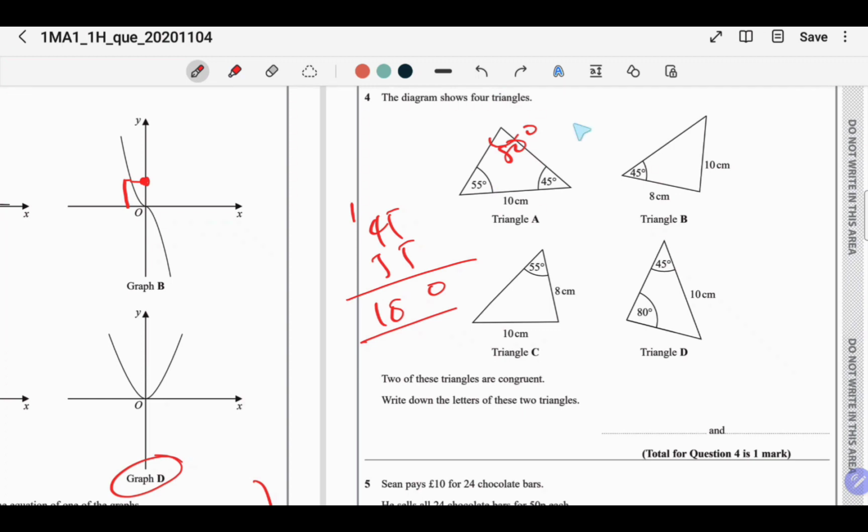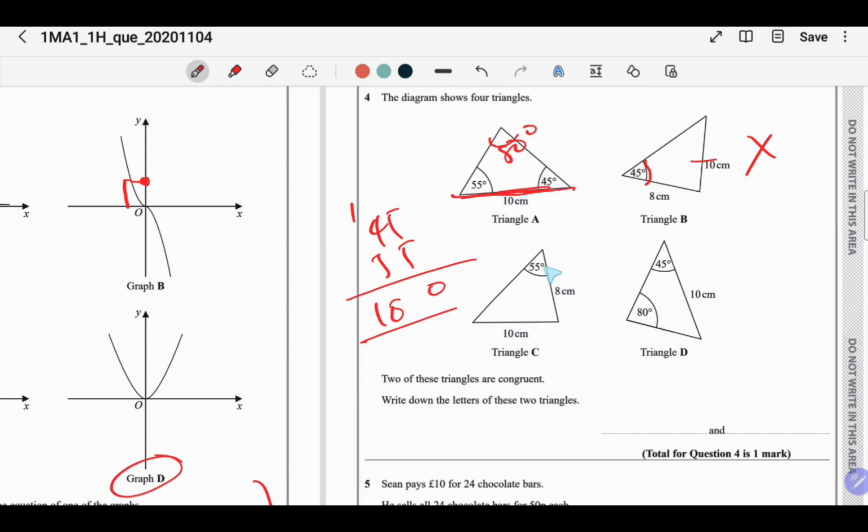All right, so let's check all the triangles that would have 55 and 45 adjacent to each other, and the 10, they're lying on top of the 10 centimeter line. So triangle B, well, it has 45 opposite to 10 centimeter, which is not what we want. Like I said, they must lie on the same line.